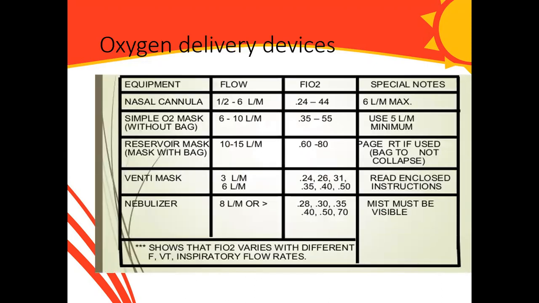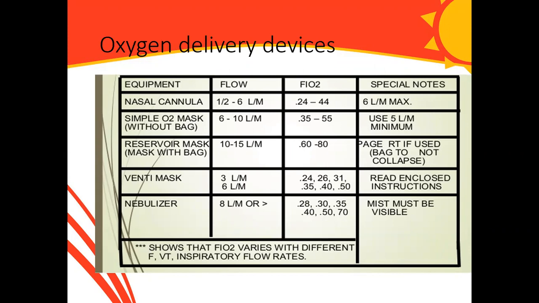Now, I want you to just familiarize yourself with this diagram, a table. You can be given a table like this, and on the left side, you have the name of the equipment, and you can be asked what is the maximum flow rate that this device can tolerate, what is the fractional inspired oxygen concentration that can be delivered to this patient.